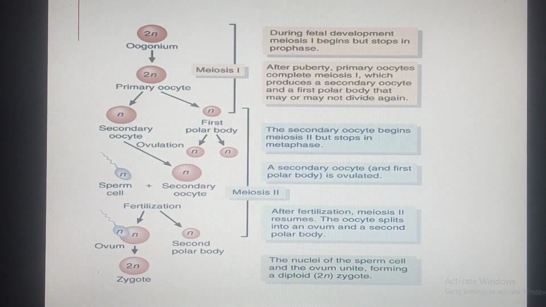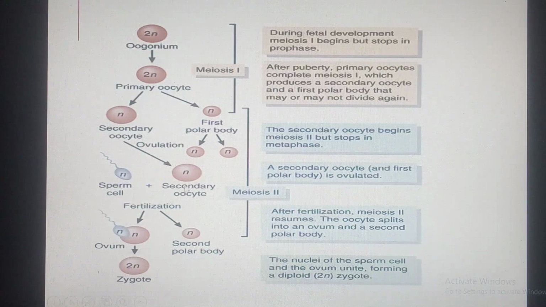During that division, it is also going to get arrested. The secondary oocyte will get arrested at metaphase of the second meiotic division. It can only complete the second meiotic division when the secondary oocyte gets fertilized by a functional sperm.